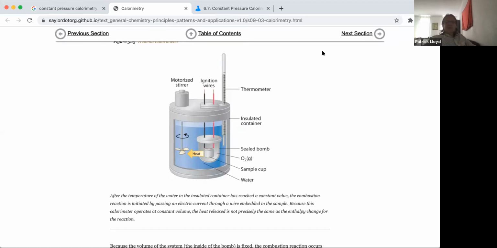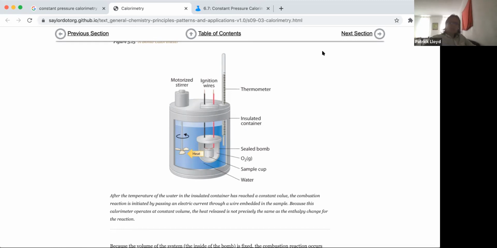Inside the water bath is what they call the sealed bomb. Not like a bomb, like an explosion, but the bomb is a device to do combustion. So this device is made for combustion. If you're combusting something, it's burning, which generally requires a little more sophistication.